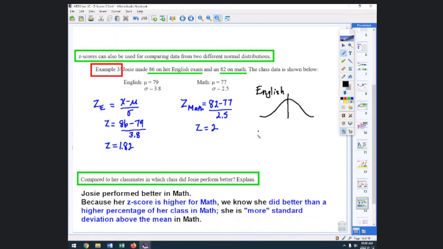There's the mean, and we drew math. I'm not even going to try to draw a straight line because I'm quite certain I can't do it. 1.82. Well, if I just draw one bar, I'm going to do this. So there's one standard deviation. I'll try to keep them kind of the same so we can compare.